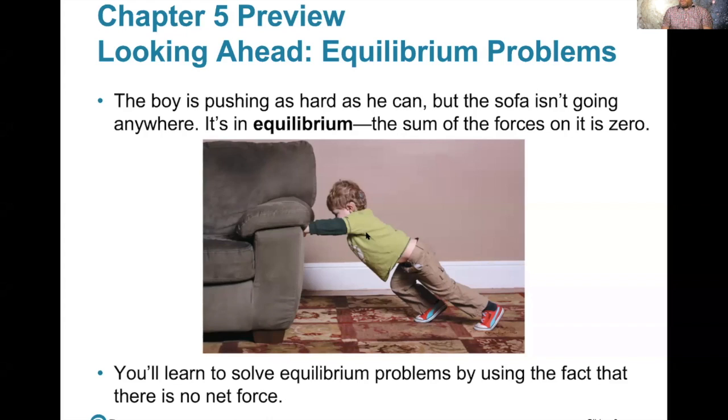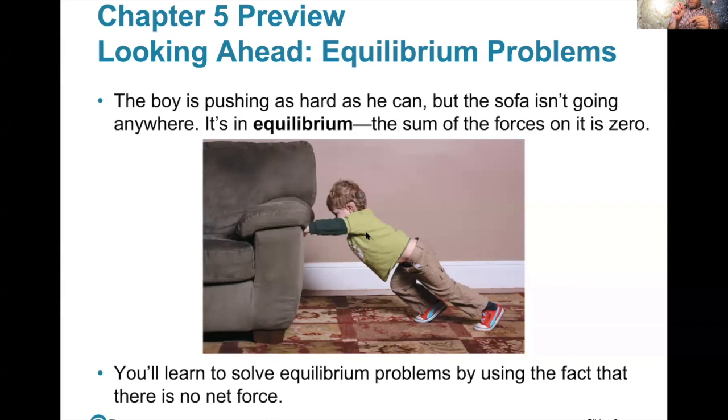Let's look at this picture of the boy trying to push the sofa. The boy is pushing as hard as he can, but the sofa isn't going anywhere. It's in equilibrium. The sum of the forces on it is 0. If you think about this problem, he's applying a force, but the force is not as great as the maximum of the force for static equilibrium.